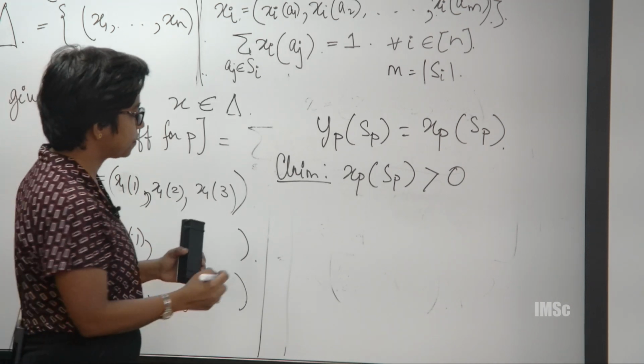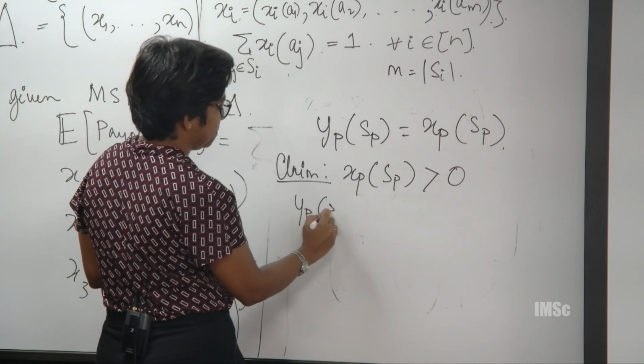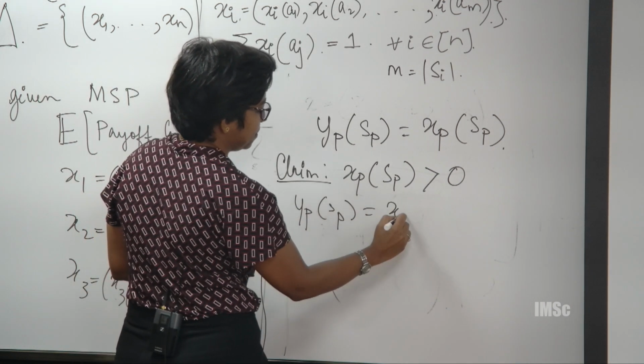Because if it's 0, then Y_p(s_p) cannot be 0, and we are assuming that it's a fixed point. Not that Y_p(s_p) is not 0. Y_p(s_p) is actually equal to X_p(s_p). Yeah. So it cannot be 0. Gain would be negative.